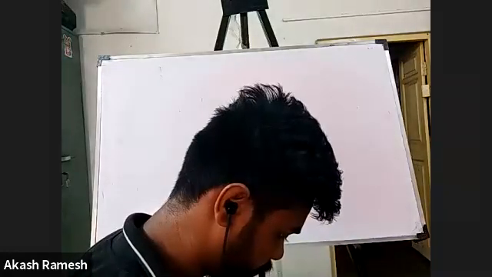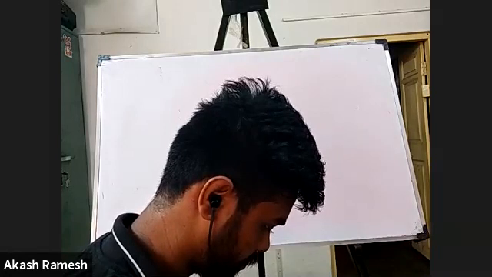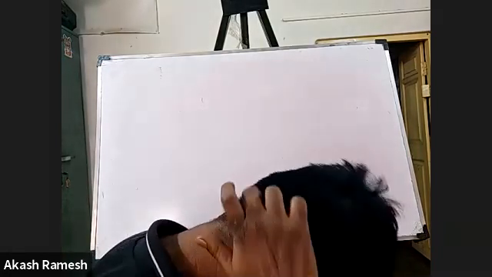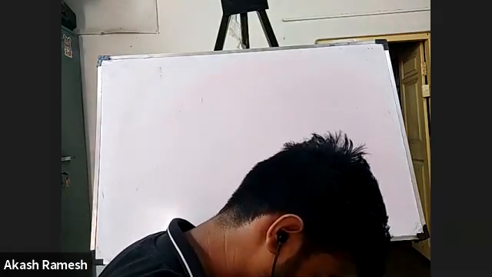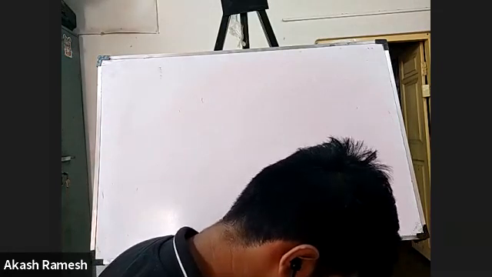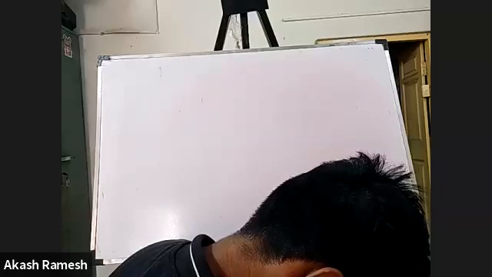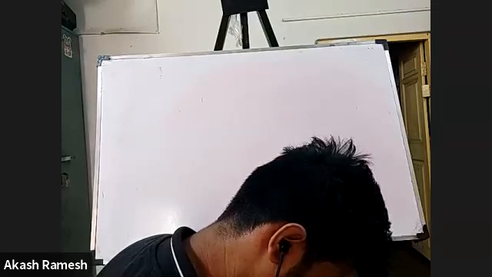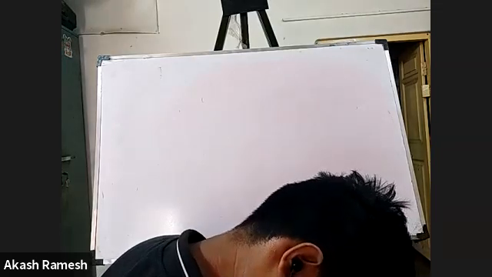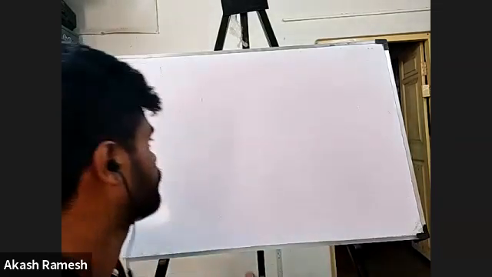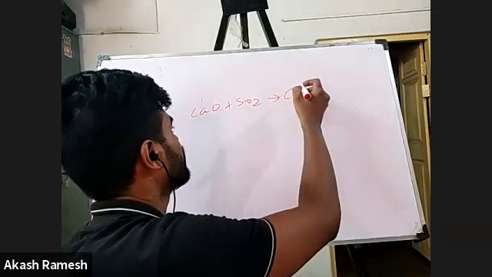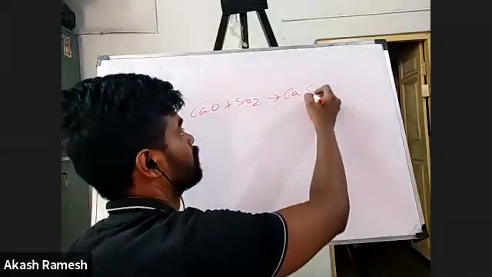Now there are two reactions involved here. Okay, so basically CaO plus SO2 is going to form CaSO3.